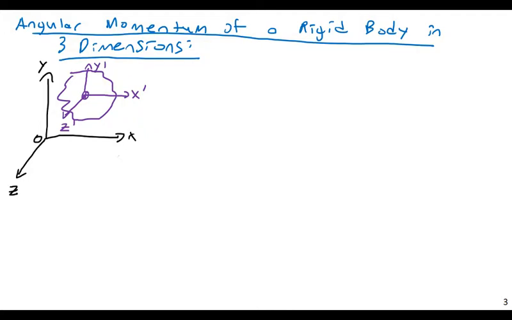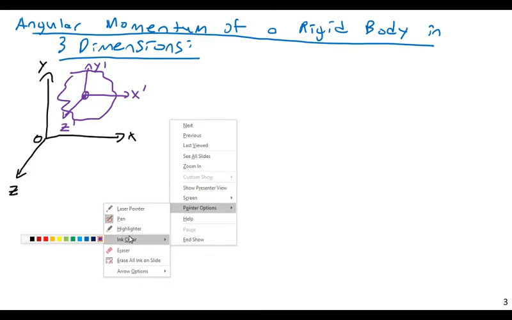Consider this here. I'm going to have Ri prime, which is going to be the vector from the origin to the center of mass.